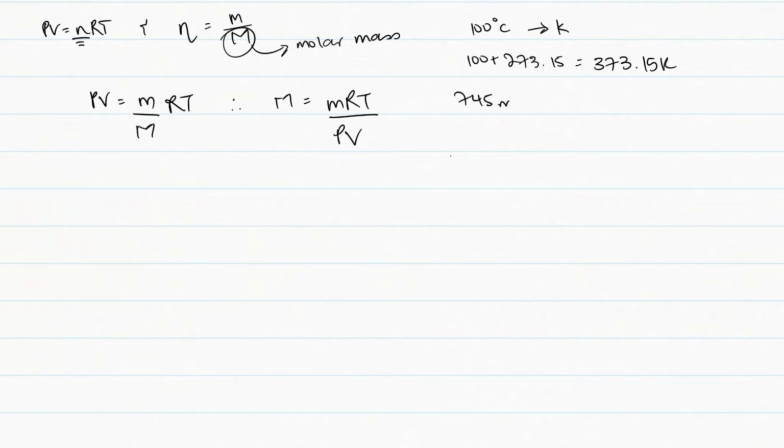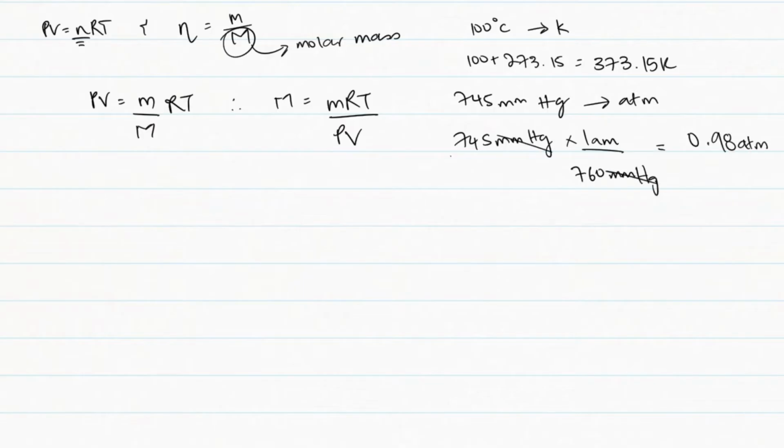Then convert 745 millimeters of mercury to atmospheres simply by dividing it by 760 millimeters of mercury. After, you should have 0.98 atmospheres. Finally, convert 247.13 milliliters to liters by dividing by 1000 milliliters.